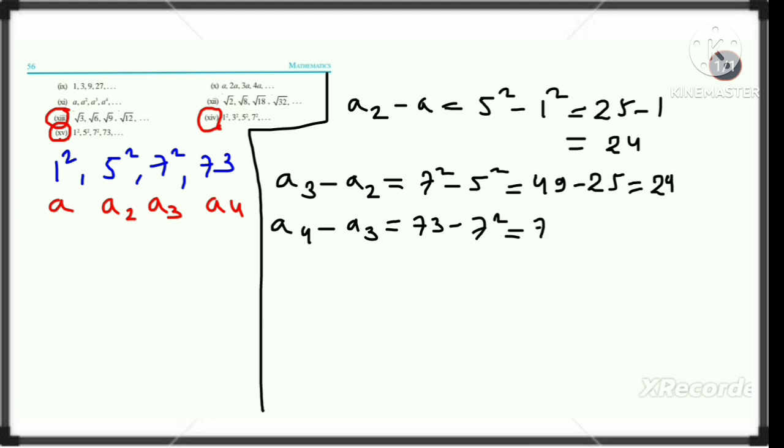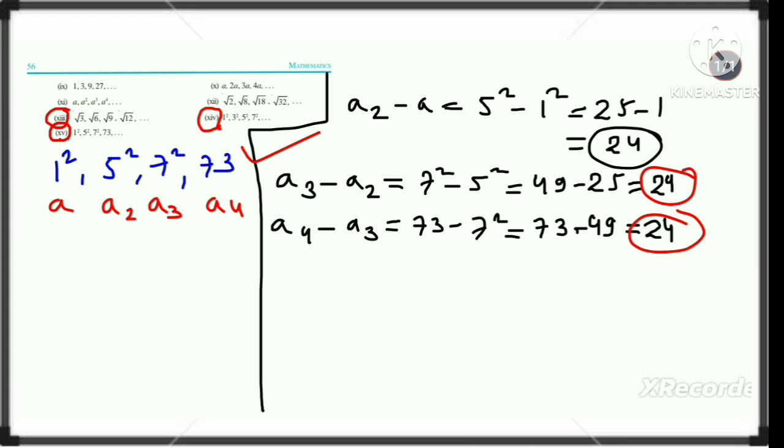Now 73 as it is, minus the square of 7, which will be 49, and after subtracting we obtain 24. Okay students, in this way we came to know the difference between each term is the same, that is 24, 24 and 24. So we can say that it is an AP.